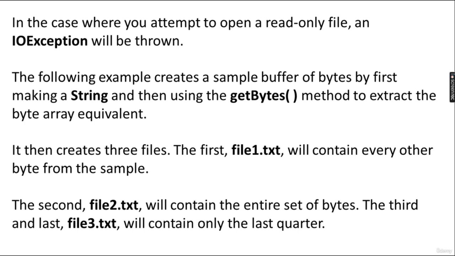Now we will see an example that creates a sample buffer of bytes by first making a string and then using the getBytes method to extract the equivalent byte array. It then creates three files. The first is file1.txt, which will contain every other byte from the sample. The second is file2.txt, which will contain the entire set of bytes.